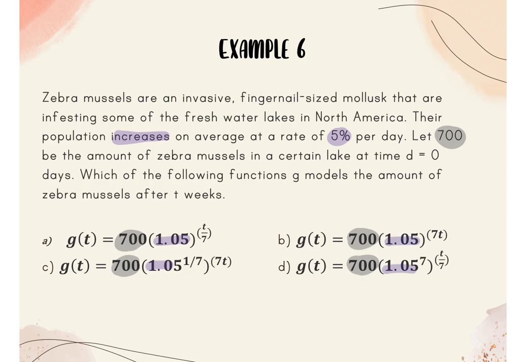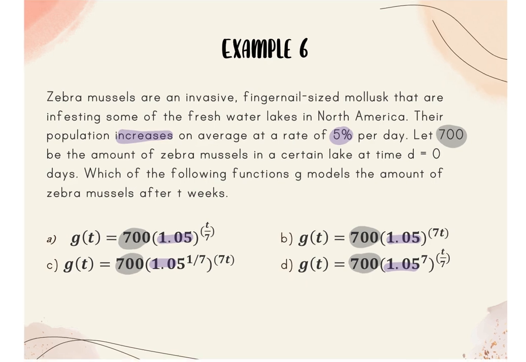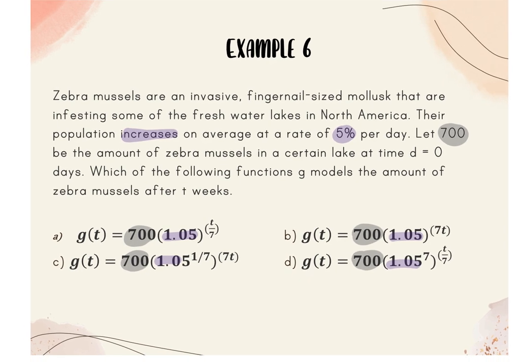Again, if those were different, I could rule some out. Now it says that it grows, but the rate that it gives you is per day, which means our time is in days. So if I just set it up initially, it'd be 700 times 1 plus 0.05, so 1.05 to the t, where t is the days.